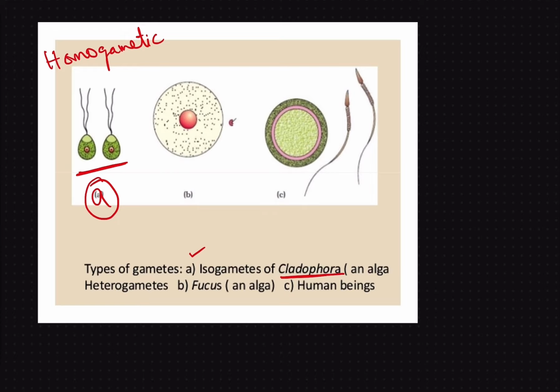Now, example 2, that is B. Here you can see one large non-motile and a small motile. So, whenever you come across this one large and one small, you can distinguish between the male and the female, they are in no way similar to each other. So, this is heterogametic, isn't it?